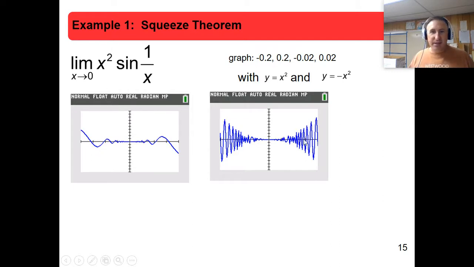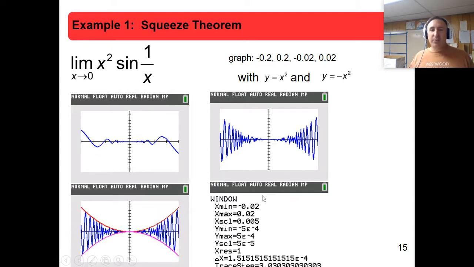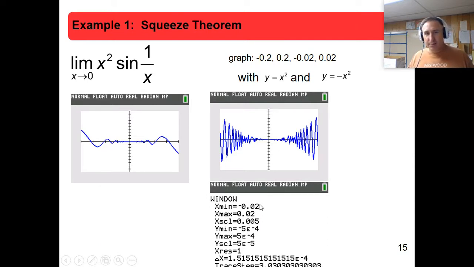It's kind of a cool function, really. Here's my window for this function. Just so you can see, the y values are really, really small. We're almost at the axis if we zoom out a little bit. So these y values are what's happening as we're really close, and you can't even see that when we're zoomed out. There's a lot of oscillation.